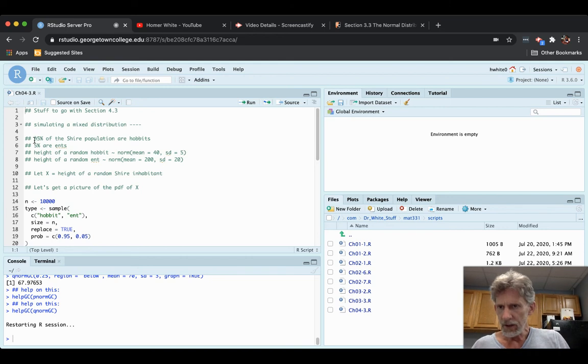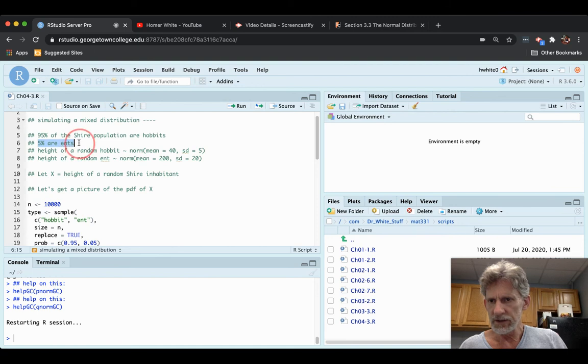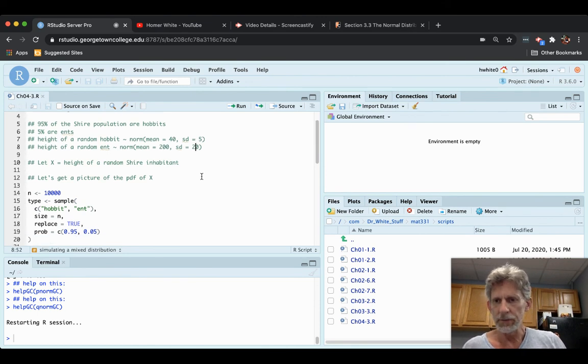So remember, the premise is 95% of the Shire population are Hobbits. 5% are ents, okay? And the height of a random Hobbit would be normally distributed, mean 40, standard deviation 5, whereas a random ent would have a mean of 200 inches height, standard deviation 20.